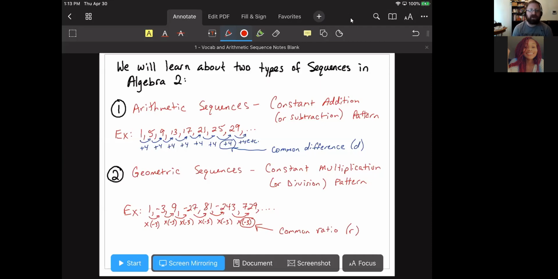Now notice the word constant in there. What that means is that it can't be like +1, +3, +5, +7, +9. That's not a constant pattern. It has to be the same number being added every time, the same number being multiplied every time. Okay, that's why the word constant is in there. Take your screenshot if you want one. We're going to advance to the next screen very, very shortly.